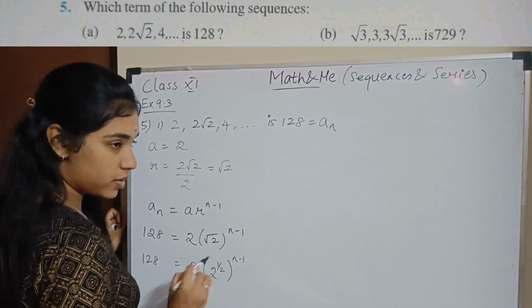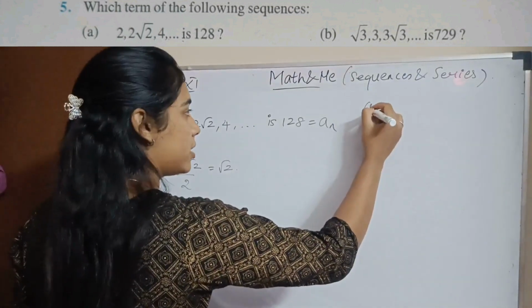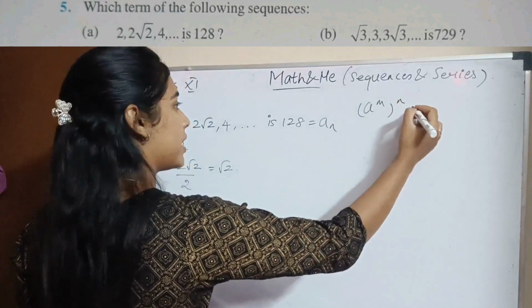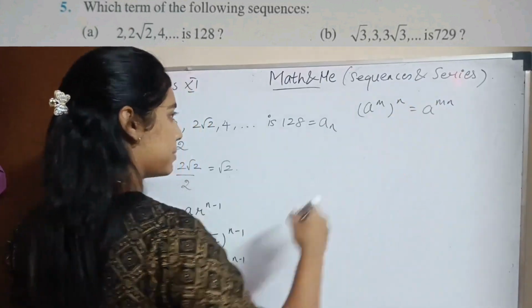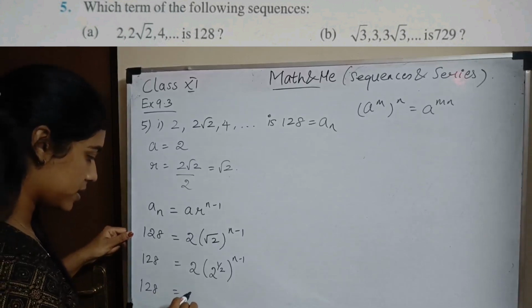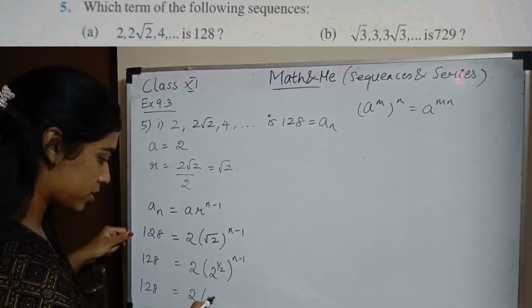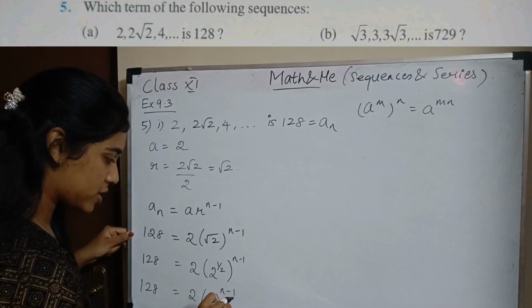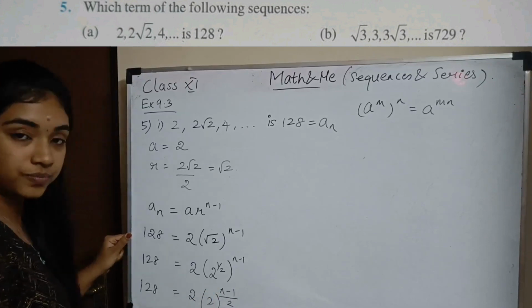So the powers get multiplied. A to the power M, whole to the power N becomes A to the power Mn. Correct? So what do I have? 128 equals 2 times 2 to the power N minus 1, the whole divided by 2.